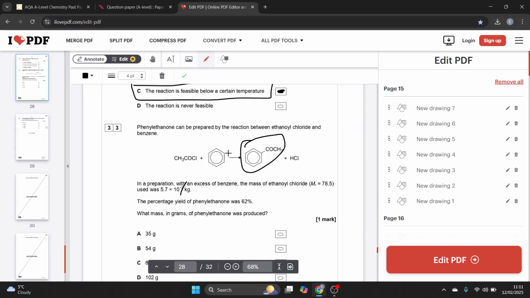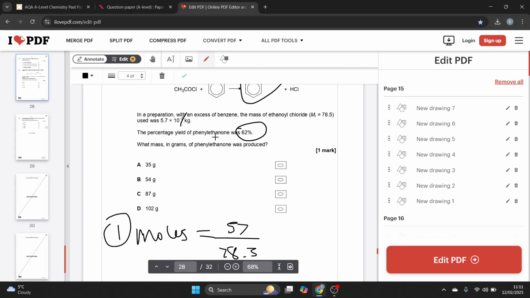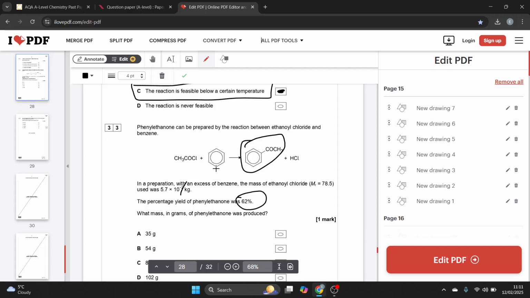And then that's my answer for the mass, but I know the percentage yield is that. What's percentage yield? Actual yield over theoretical yield. I want to find out the actual yield, right? So then I'm going to times it by 62 over 100. No, sorry, not that. So 5.7 times by 10 to the power minus 2 times by 1,000, 57.